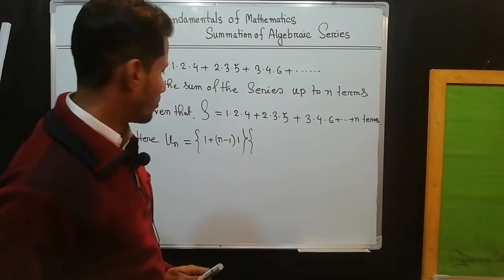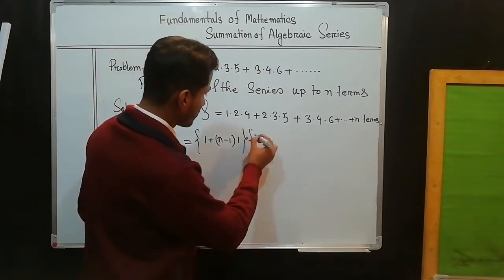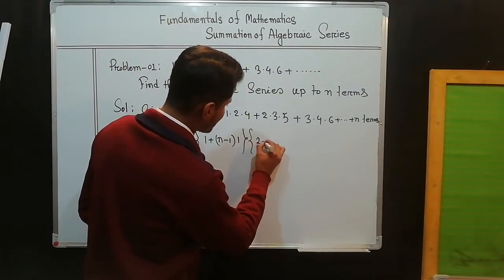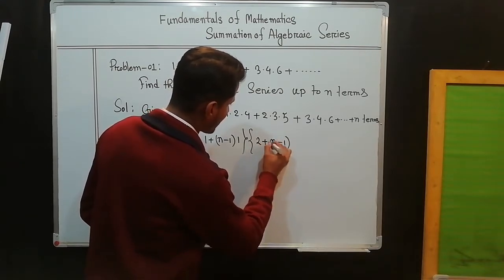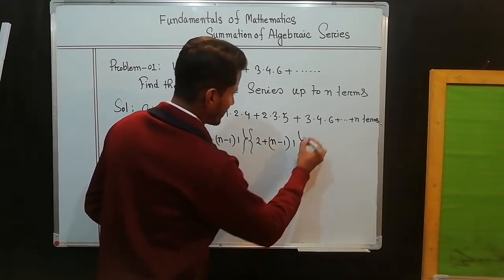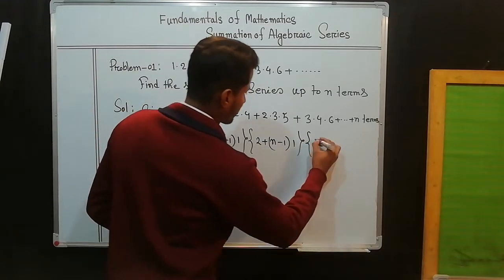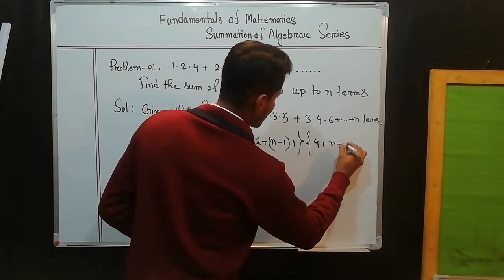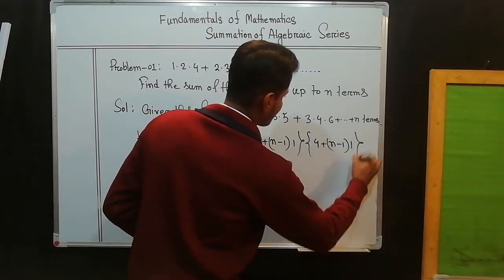Secondly, the first term is 2, so we write 2 plus (n minus 1) into 1. Thirdly, the third term is 4 plus (n minus 1) into 1.